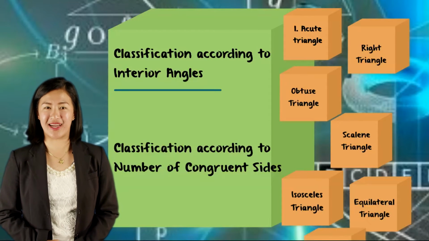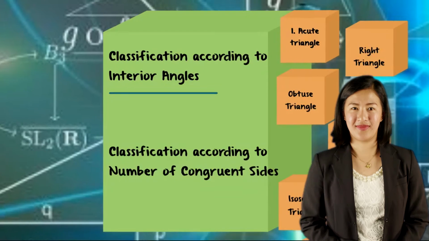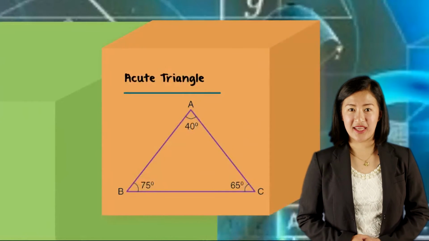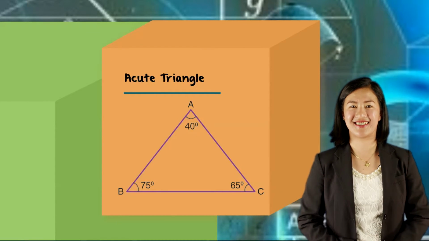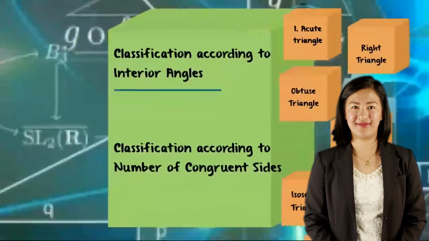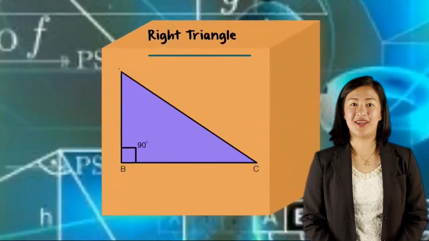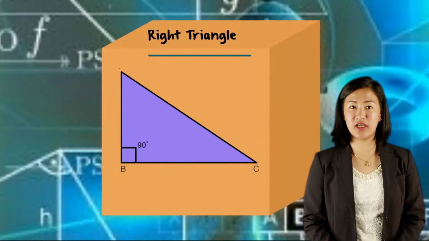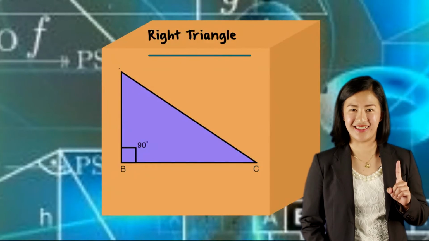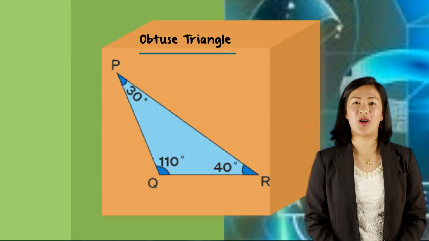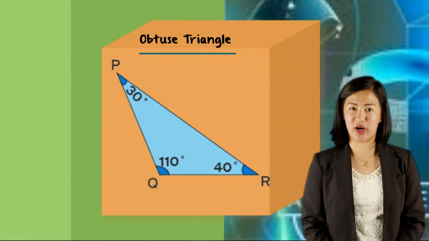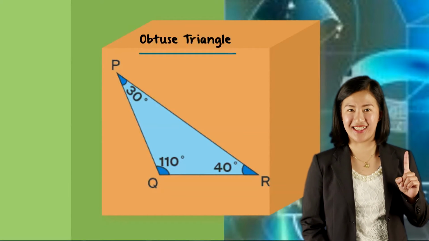According to the interior angles, acute triangle is a triangle with 3 acute interior angles. Right triangle is a triangle with 1 right angle. Obtuse triangle is a triangle with 1 obtuse angle.